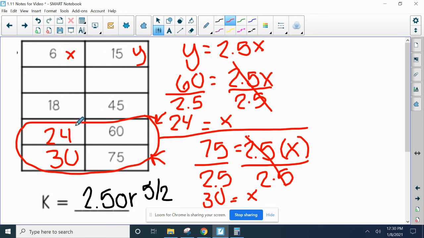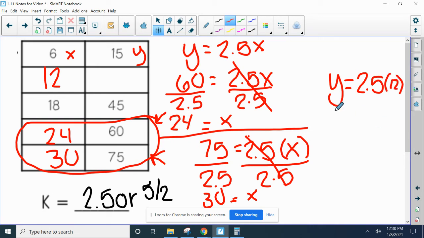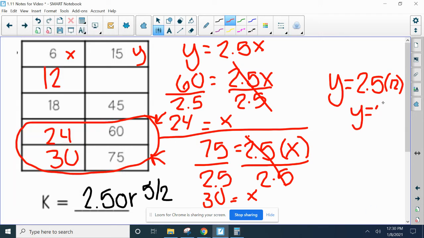But I have 6, 18, 24, and 30. I know that these are all multiples of 6. So I'm going to put 12 here. So now y is equal to k, which is 2.5 times 12. And 12 times 2.5 is going to give me a y of 30.